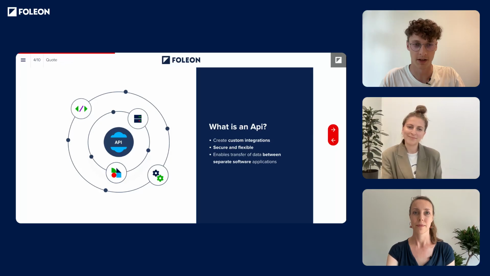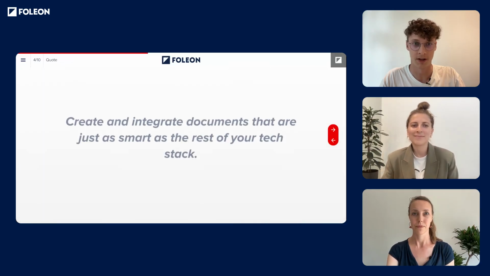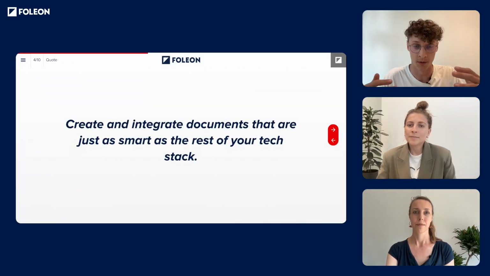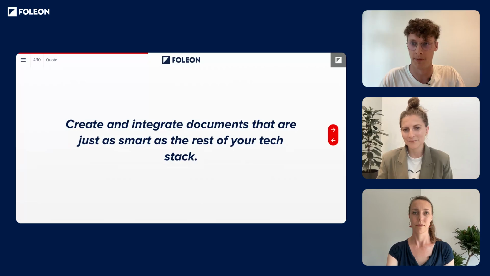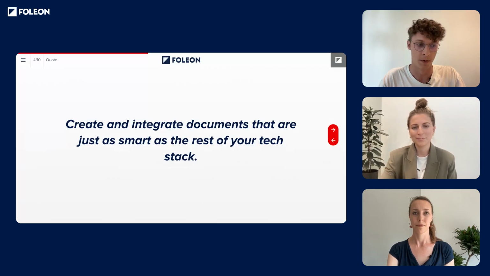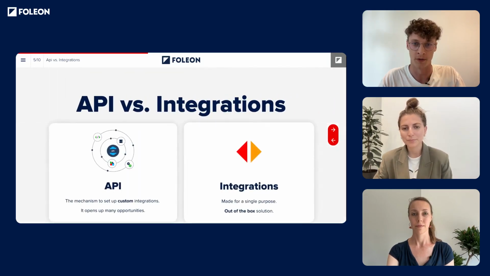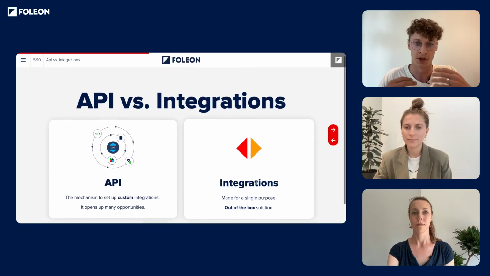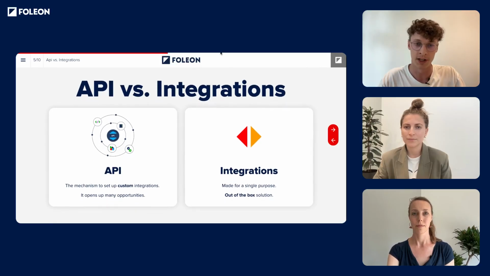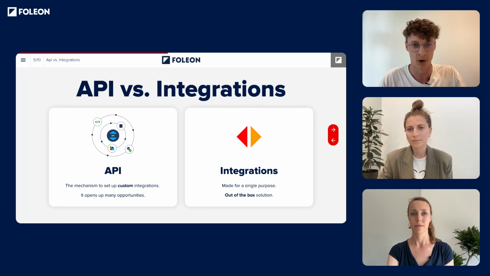Sure. That's a great question, because there's actually a lot of overlap between the two concepts, right? API and integration. When we're talking about integrations, we're usually talking about a native integration, like you already said, which is an out-of-the-box solution. It's a solution made for a single purpose, which is often easy to use and easy to implement. Whereas an API integration is usually a lot more niche and a lot more customizable.